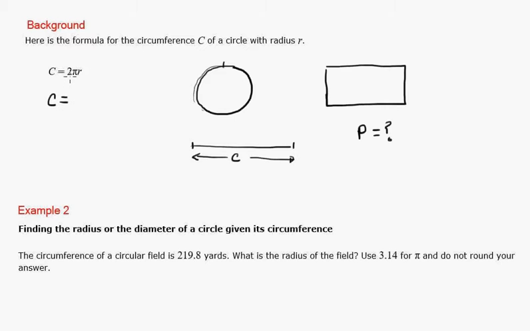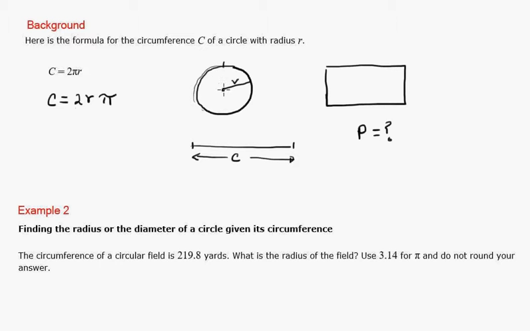I just want to show you one thing. 2 pi r, you could also write as 2r times pi, because the order doesn't matter. Let me explain r. R is the distance from the center to the edge, and of course that's always the same for a circle.